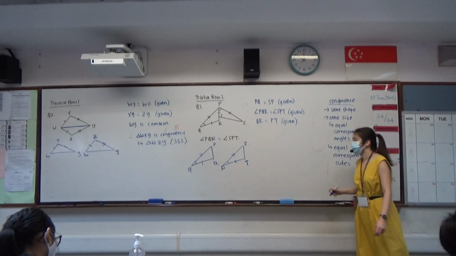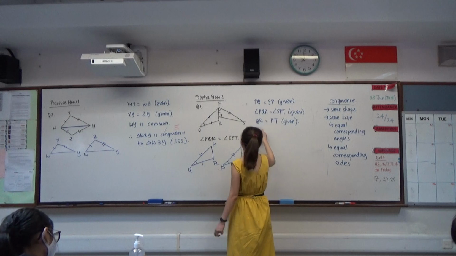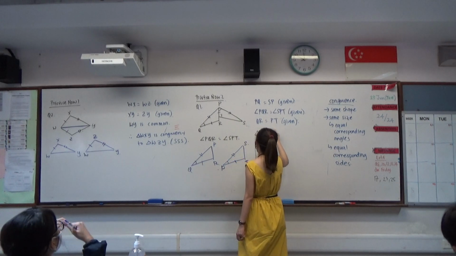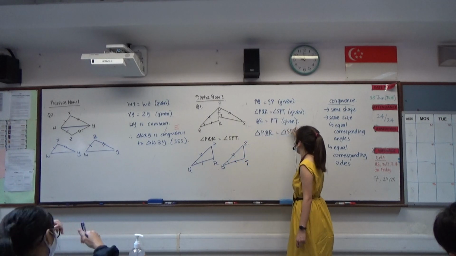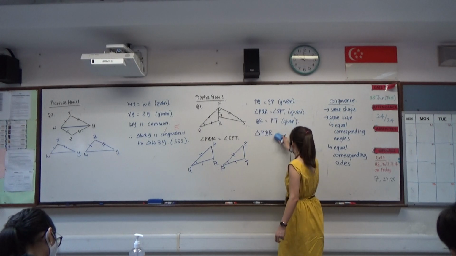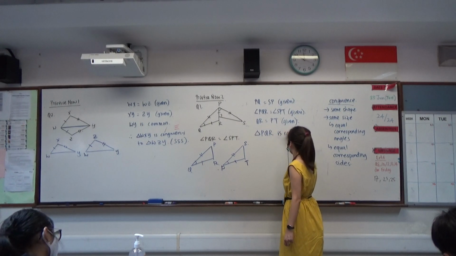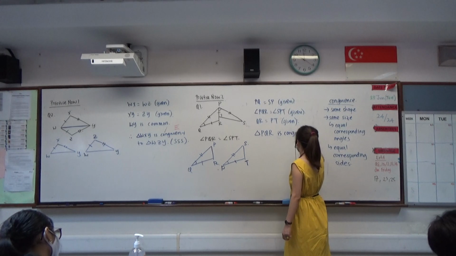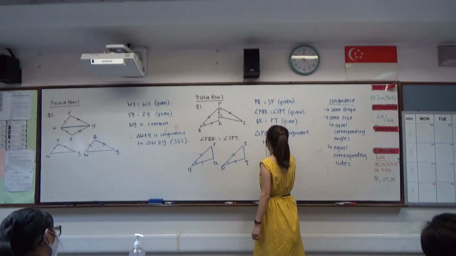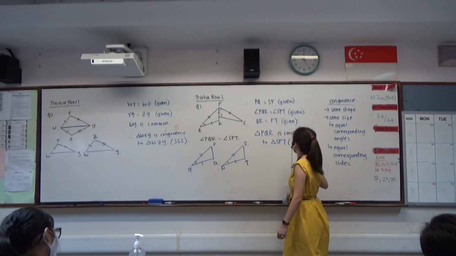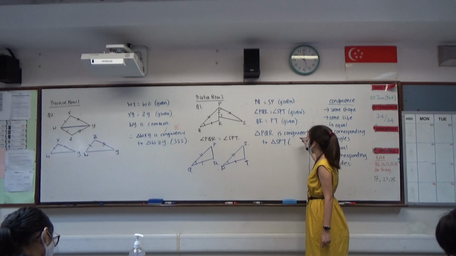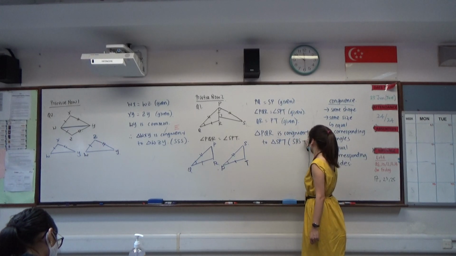So we are using side angle side. We conclude that triangle PQR is congruent to triangle SPT. Then this would be the SAS test.